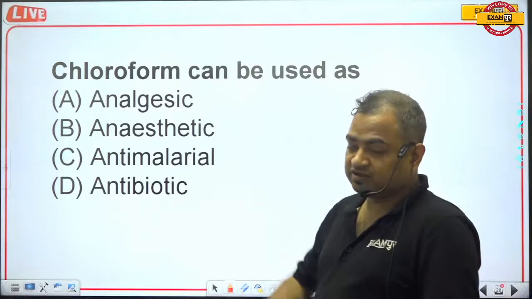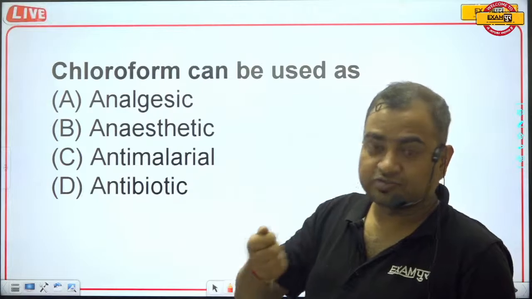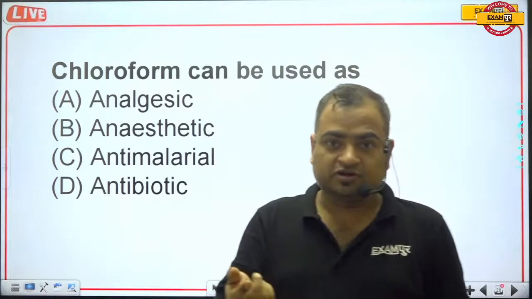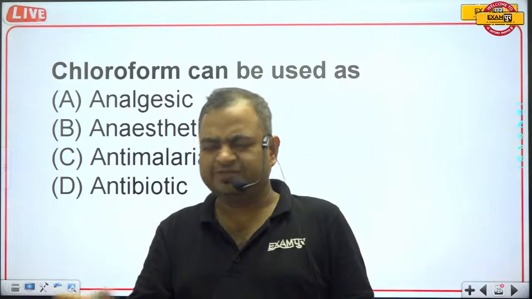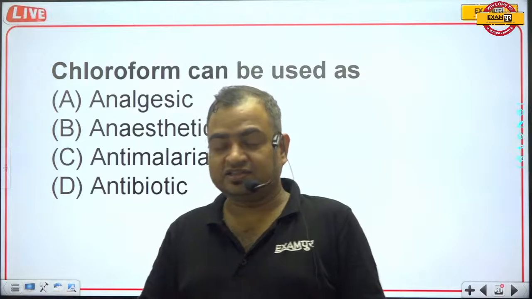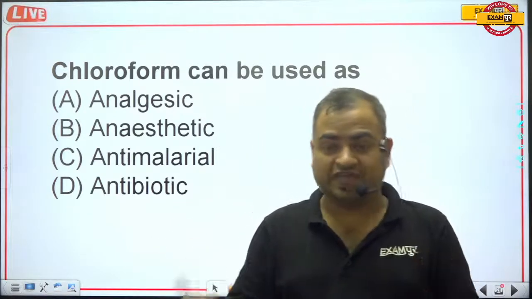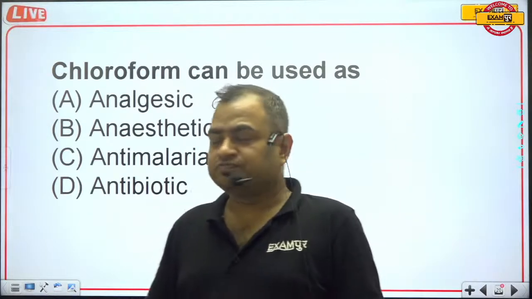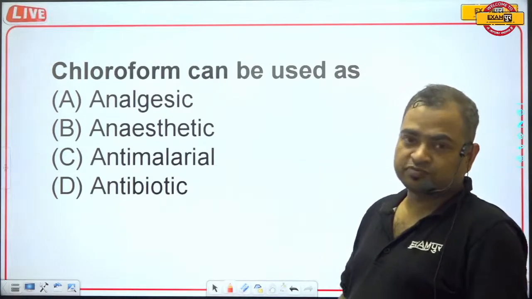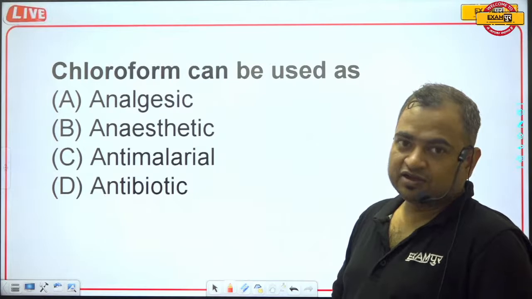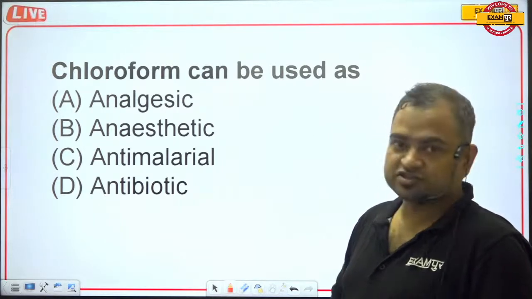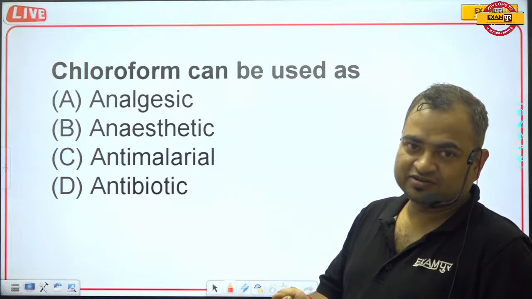Chloroform is used by the doctors during an operation. Suppose that during an operation, any part of the body of a patient has to be cut by the doctors, then that patient will feel heavy pain. So chloroform is given to the patient.